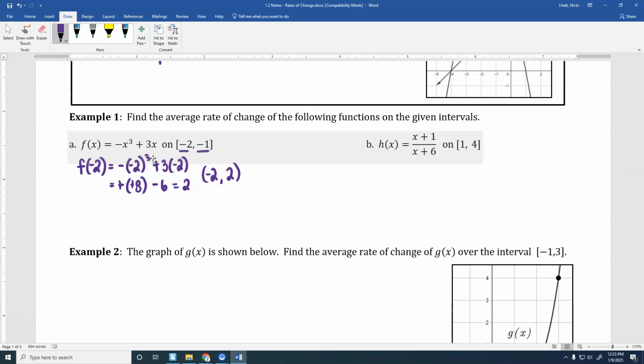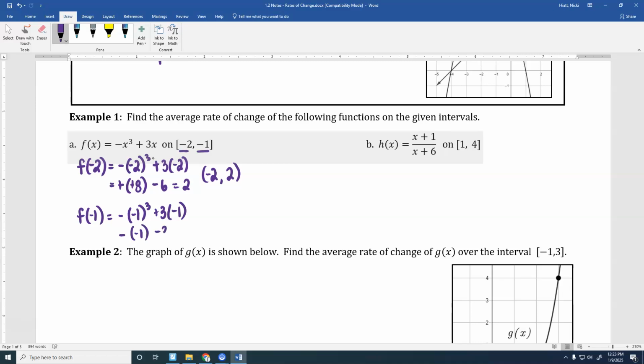And then we just do that same thing again with our -1 to get our second point. So we've got f of -1, and we'll have -1 cubed plus 3 times -1. -1 cubed is -1 times -1 times -1, which is -1.